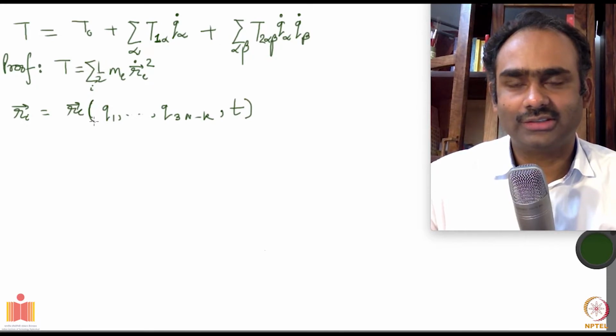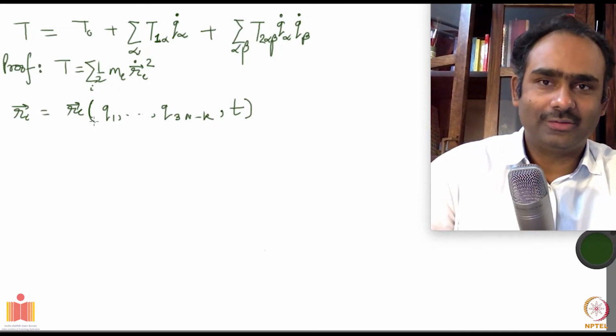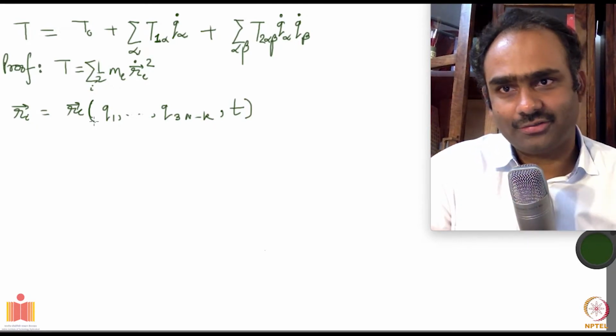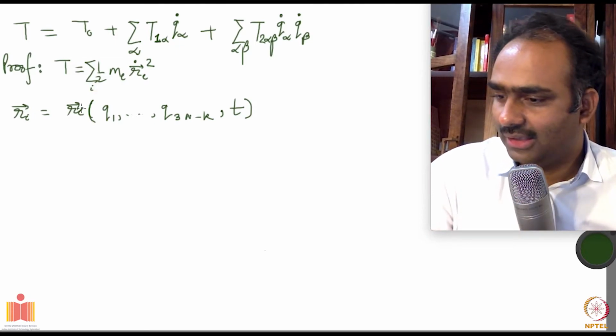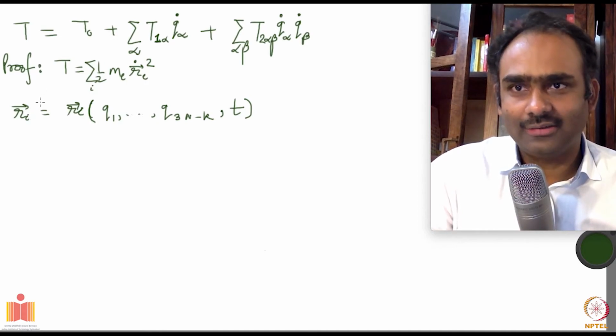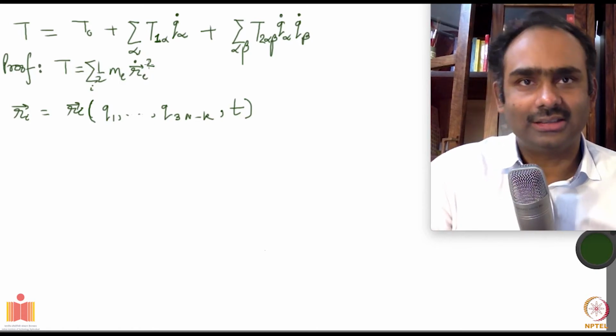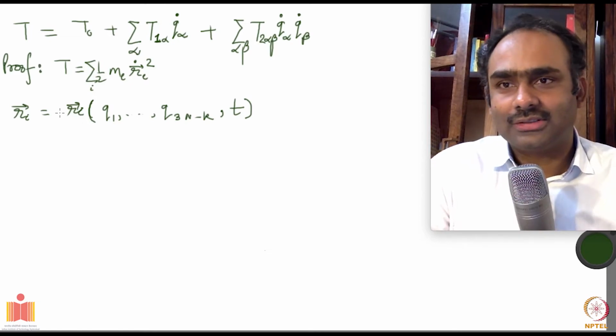Your constraints on the system may be changing with time, so your transformation from r to the generalized coordinates would involve time as well. All I have to do is take the time derivative so that I get an r dot, and take the r dot squared and put it in here. That's all I have to do, which is not difficult.